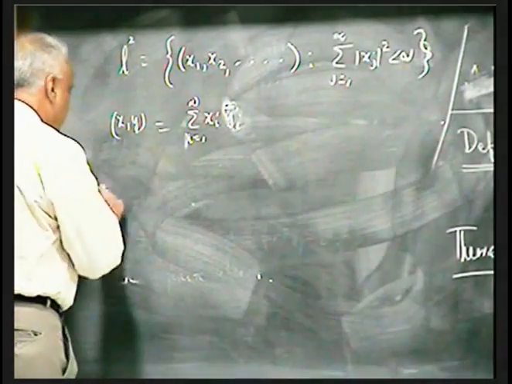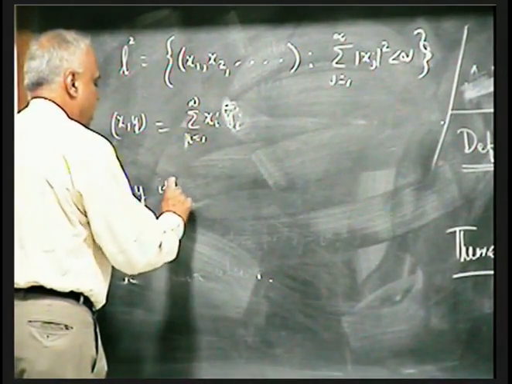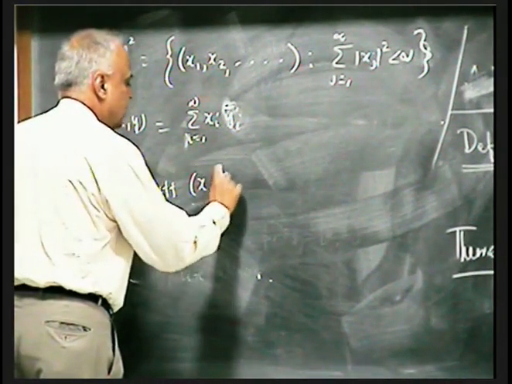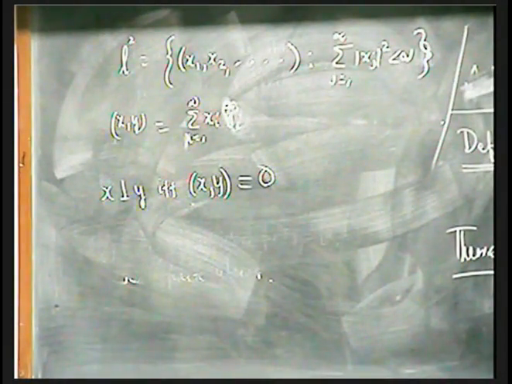Now, we say x is perpendicular to y if and only if the inner product of x and y is 0. Two vectors are said to be orthogonal if the dot product is 0.